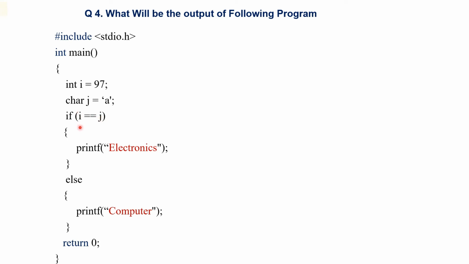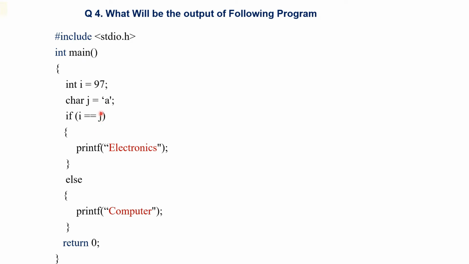So here I is integer variable and j is character variable, and both the variables are compared with the equal to operator. So while evaluating this expression, we know that every character variable has its associated ASCII integer value.